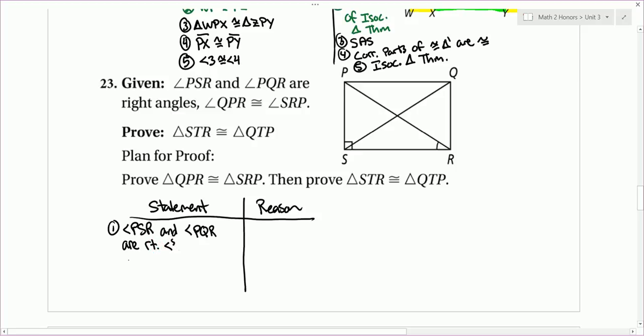And we also have that angle QPR is congruent to angle SRP.